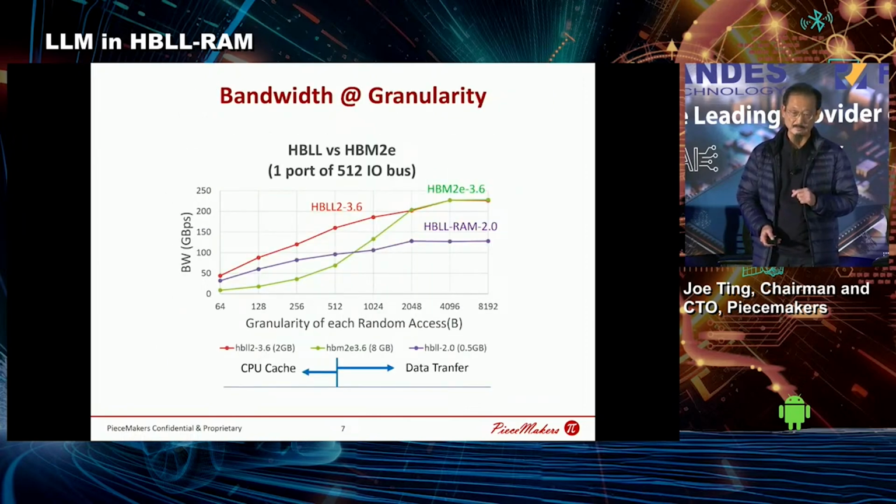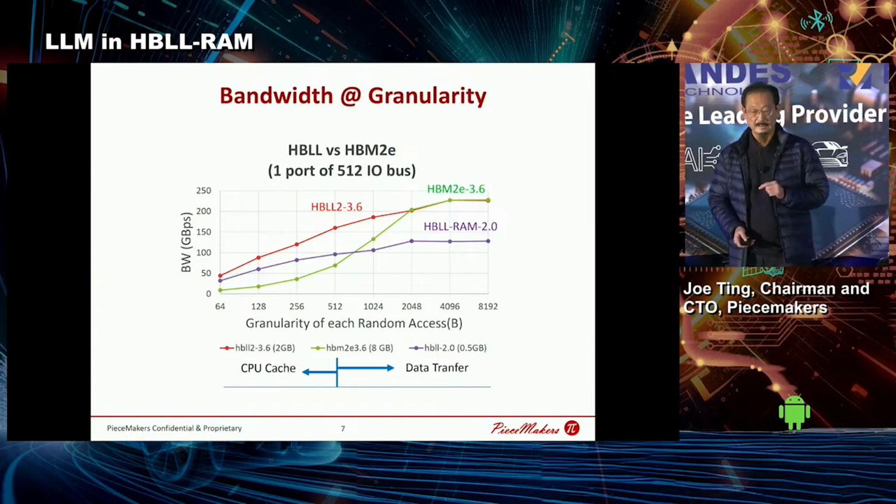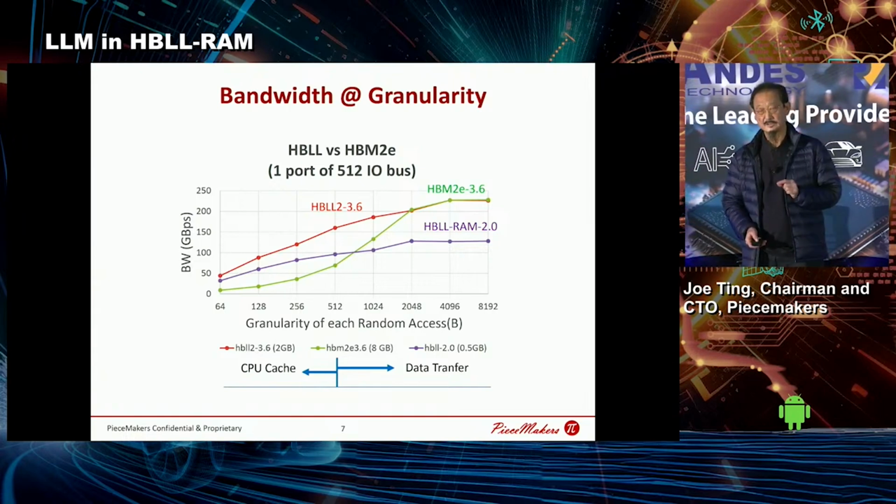Now, when we're talking about bandwidth, people are always talking about the sequential one. In this curve, the horizontal axis is the granularity of each random access. On the right-hand side is more sequential.